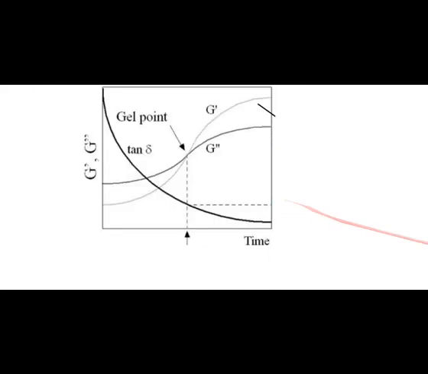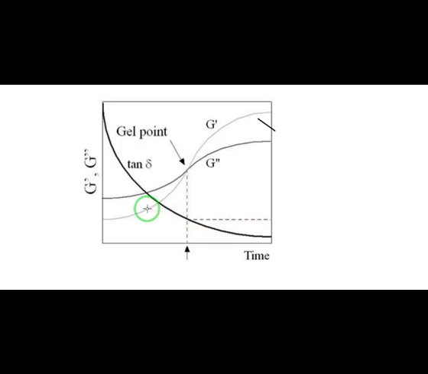And you will see that we will have this diagram which tells us, if you consider a material that is under the rheometer and the amount of G prime and G double prime is being measured continuously over time, and a reaction is happening in this material, a reaction which is cross-linking all the polymers of this material together.